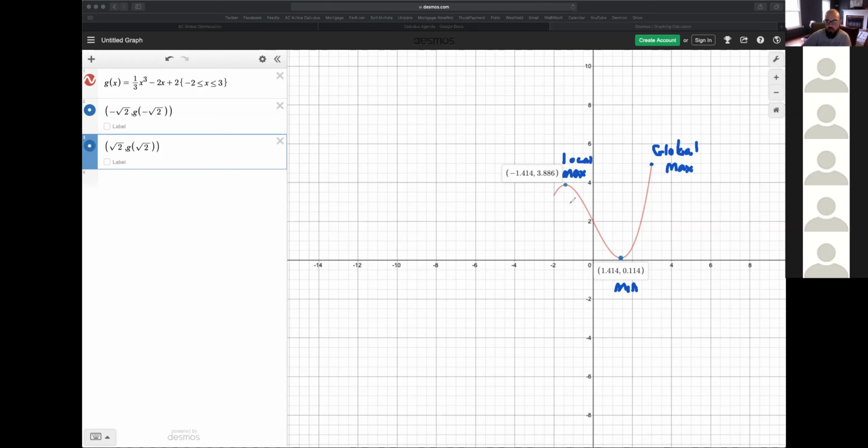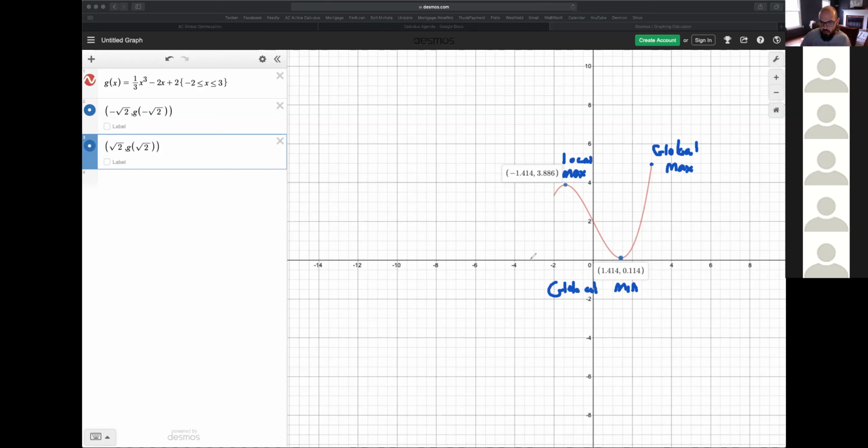Only local max. So this is like the person who is the best basketball player in their town, but there's somebody else that is a better basketball player another town over or something, right? Turns out that this one is a minimum, and then if I look at the red line, this is my global min, right? So this is the only point that achieves that absolute minimum value.